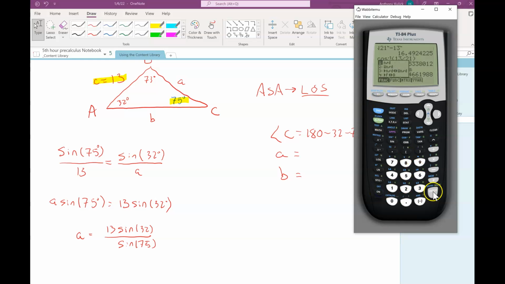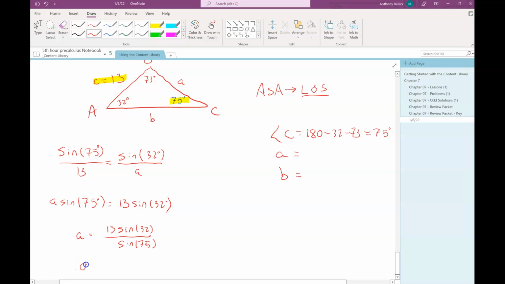I'm going to use the fraction option so I don't have to worry about goofing a parenthesis or something. That way I can write it exactly like it looks on my sheet of paper. Feels safer that way a lot of times. So I get 7.13 as the answer there. Everybody feel okay doing that?